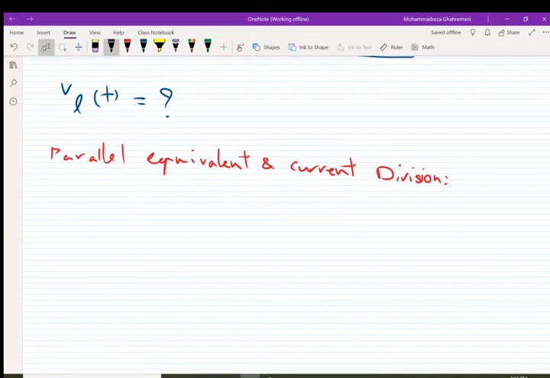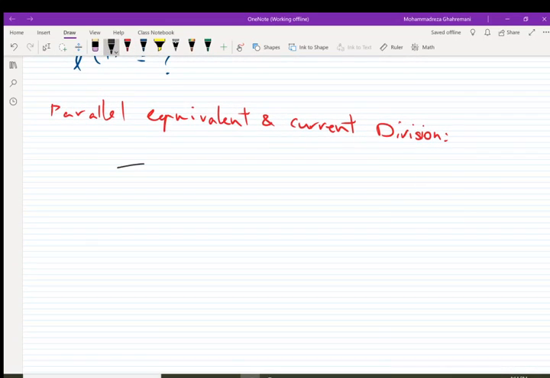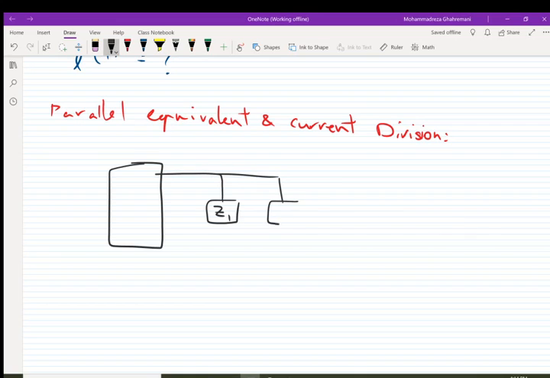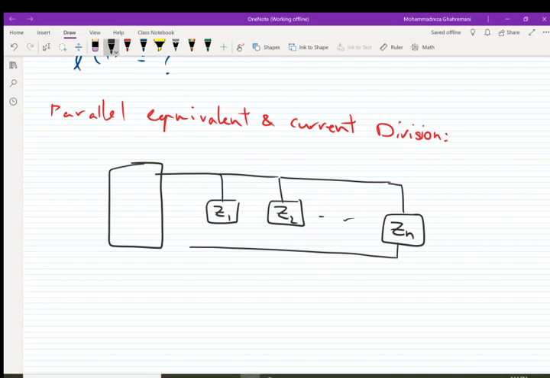Let's assume we have a circuit connected to n components with Z1, Z2 up to Zn, and we want to find the equivalent impedance.